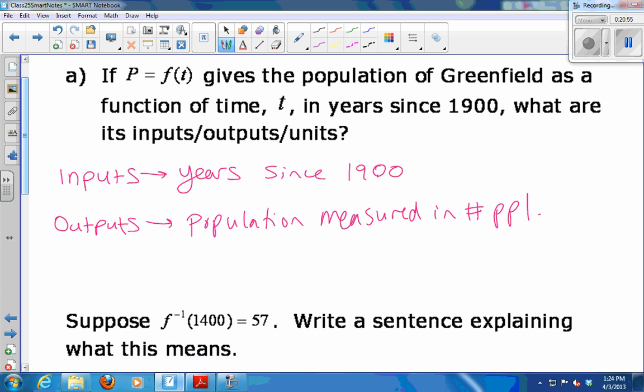It's being plugged in to the inverse function. That means it was an output from the function F. So that 1400, what does it represent? A population. And the 57, that's an output from F inverse, which means it was an input from F. So that 57 represents 1957.